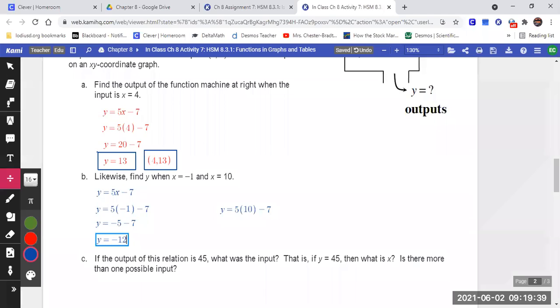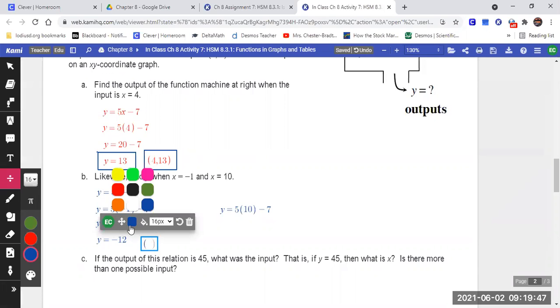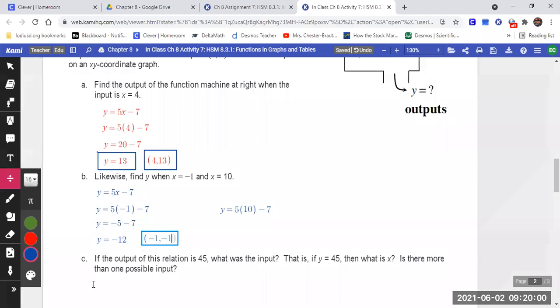Negative 12, because they're both negative, we add and keep that negative. But we need the ordered pair now. What would the ordered pair be for this situation? What was our x? And what did we figure out our y to be? Negative 1, comma, negative 12. Yep.